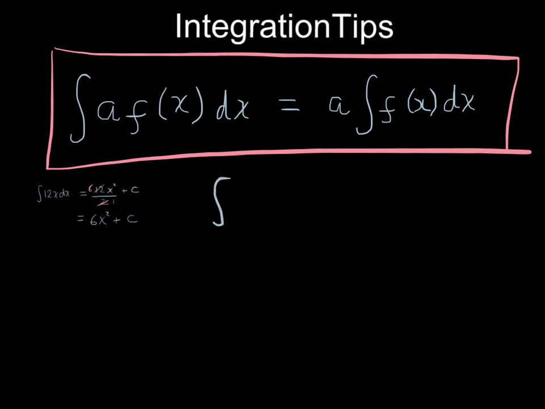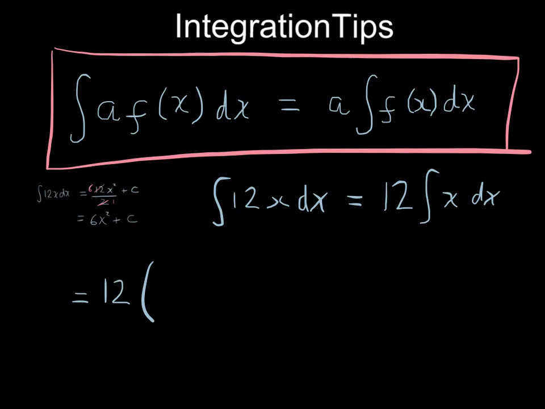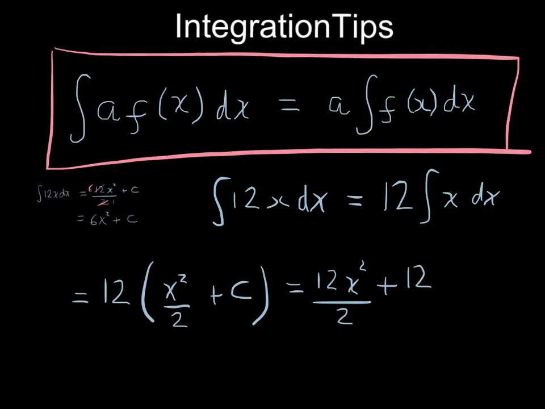So the integral of 12x dx is the same thing as the 12 coming outside the integral as a multiplication, so 12 times the integral of x dx, which is going to be 12 brackets, well, we know that x integrates to x squared over 2 plus c, which simplifies to 12x squared over 2 plus 12c, which simplifies to 6x squared plus 12c.